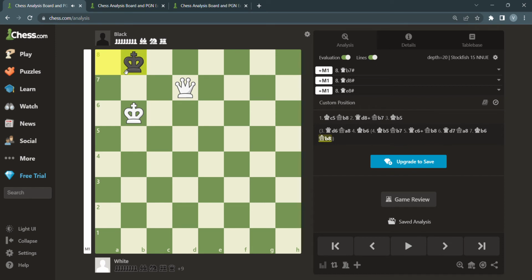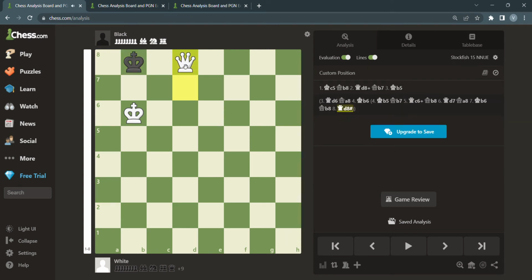Okay. The aim of the game is to get the king in a check. Remember, check is attacking the king, forcing it to move. The aim is to get the king into a check in which a piece cannot interpose, so block.